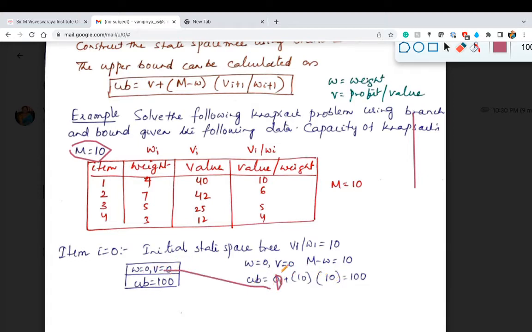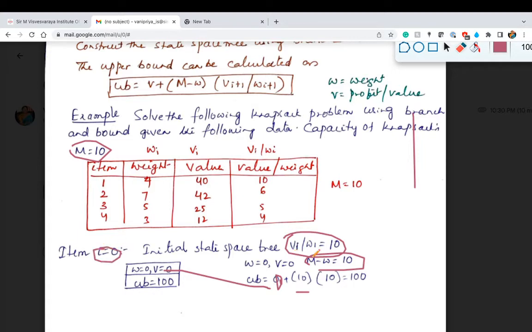Then M minus W. What is the value of M here? It is 10, minus the value of W, which is 0. So 10 minus 0 is equal to 10. So V plus M minus W is nothing but 10. And V(i+1) by W(i+1): what is the value of i here? It is 0.